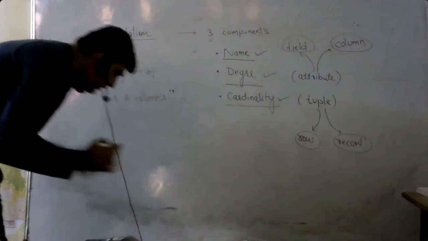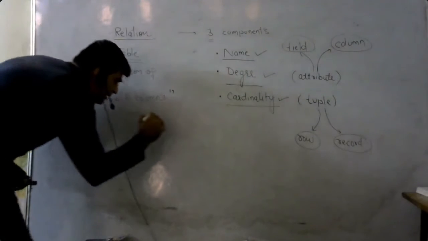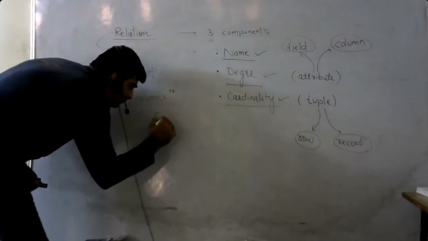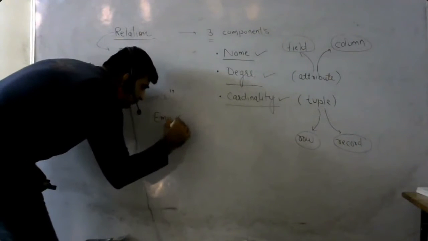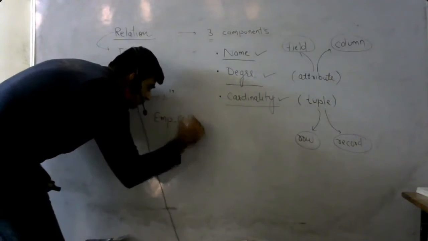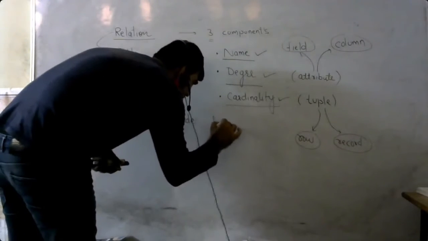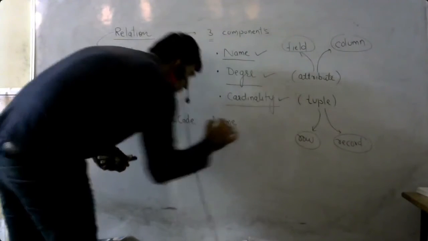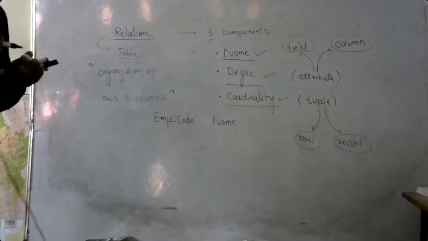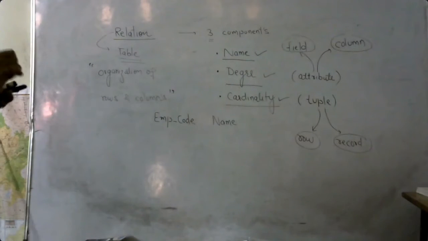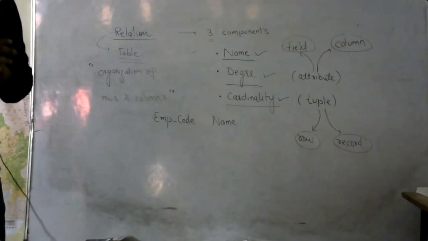Let's take an example here: EMP code, then name of the employee. In an organization, every employee has a code.